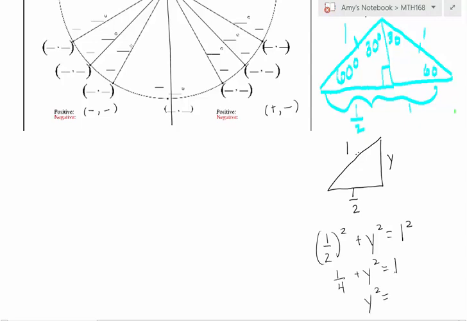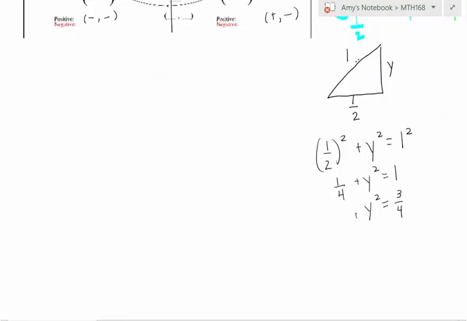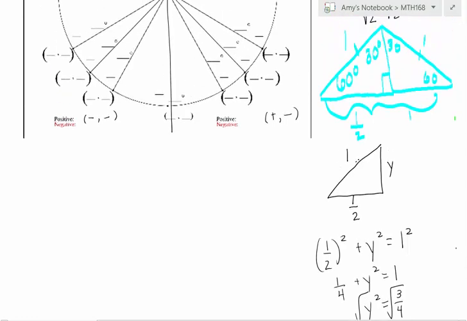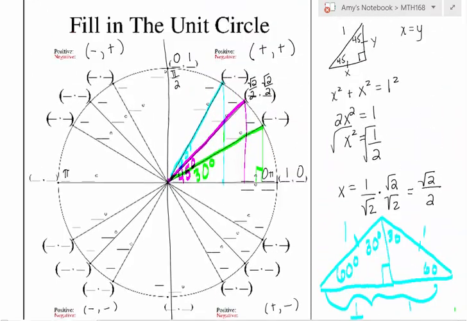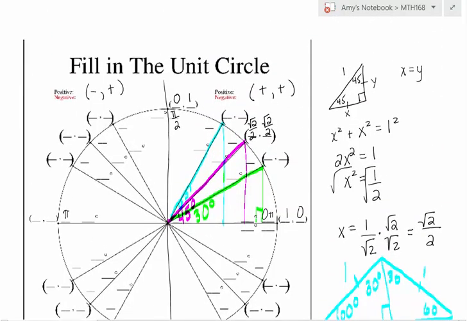So y squared equals, what's 1 minus a fourth? 3/4. Well, when you take the square root of both sides, that gives me y equals the square root of 3 divided by the square root of 4, which is 2. So my y value is going to be the square root of 3 over 2. My x value is going to be 1/2. And this is for a 30, 60, 90 triangle. So my ordered pair here is 1/2 and the square root of 3 over 2.